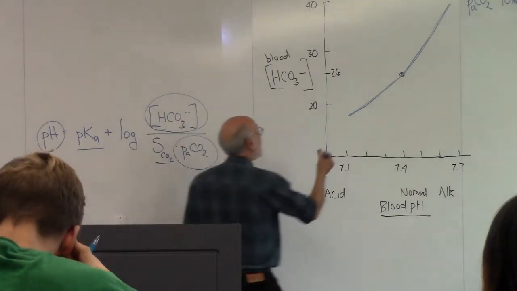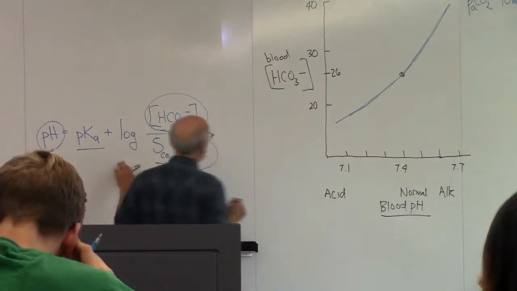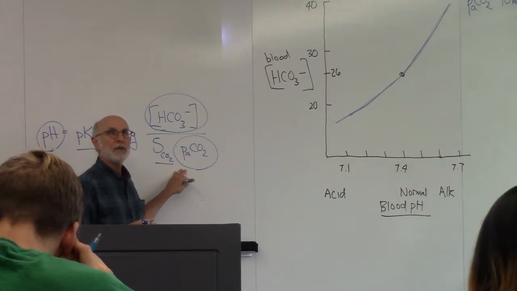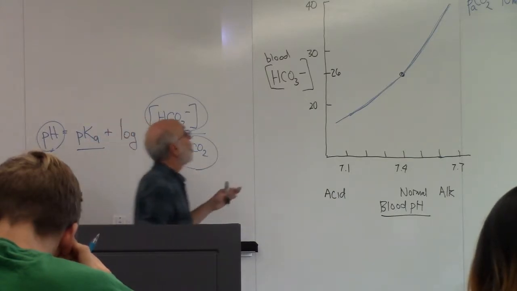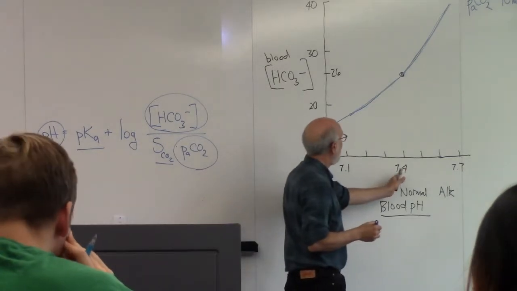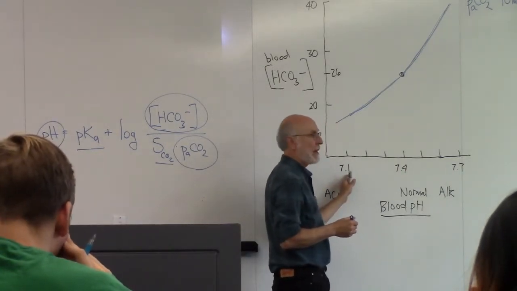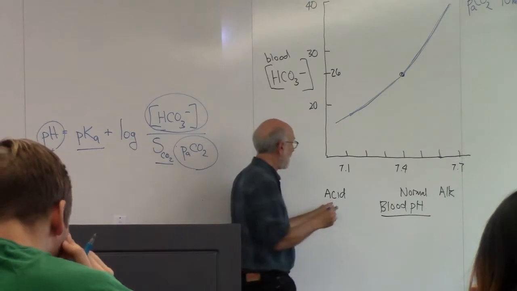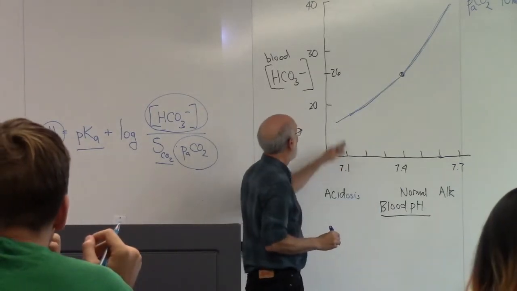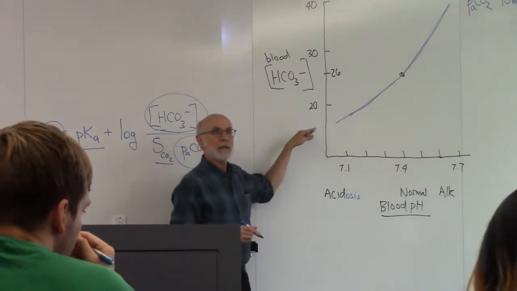So this is the curve that represents the Henderson-Hasselbalch equation for a given normal PCO2 of 40. So now let's look at this. If the pH goes down, that is to say we're becoming acidotic, the bicarbonate concentration goes down.